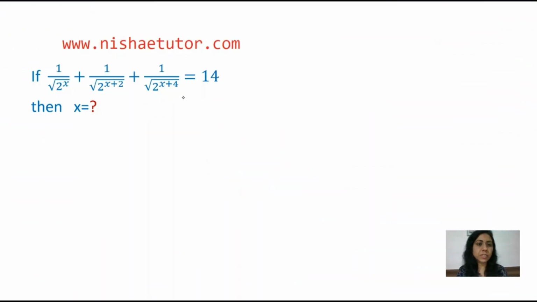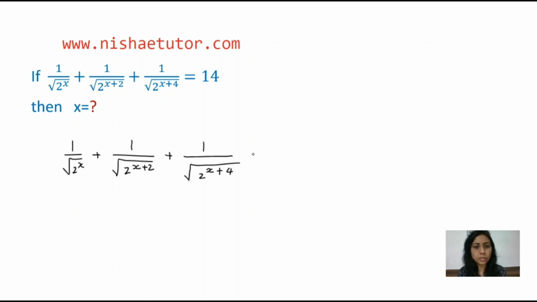This question is very easy if you know exponent rules. We have (1/√2)^x plus (1/√2)^(x+2), here the power is x plus 2, and here (1/√2)^(x+4) is equal to 14.